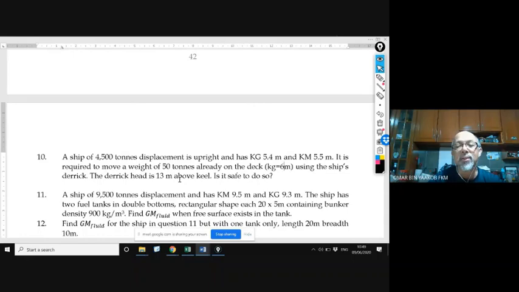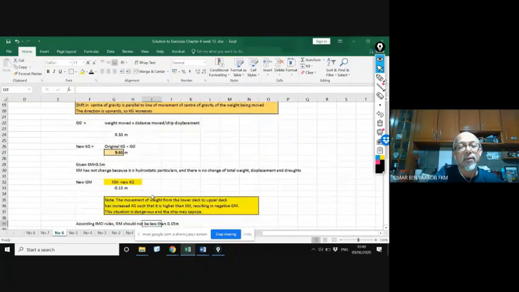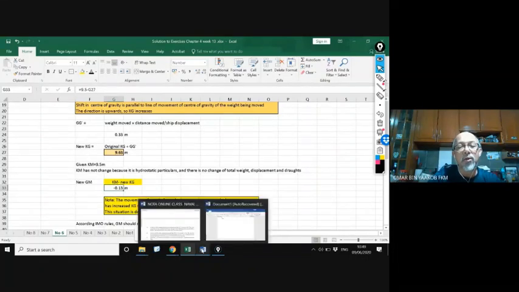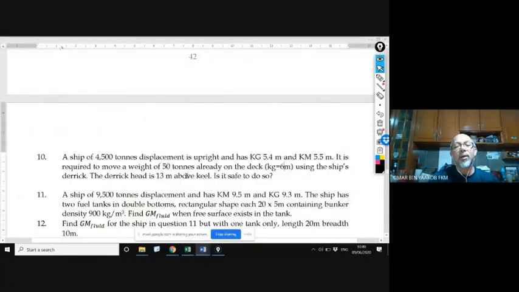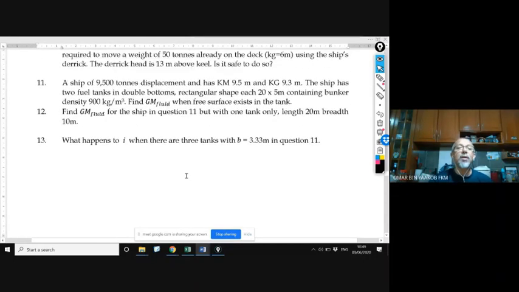So the question is, is it safe to do so? You can comment like this one. Yeah, so the movement away and so on. So in this case, it is negative. I think most probably your calculation here is also going to get negative or very small GM. Right? And then number 11, 12, and 13 are just very similar.